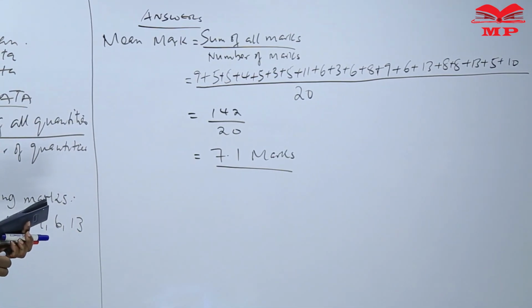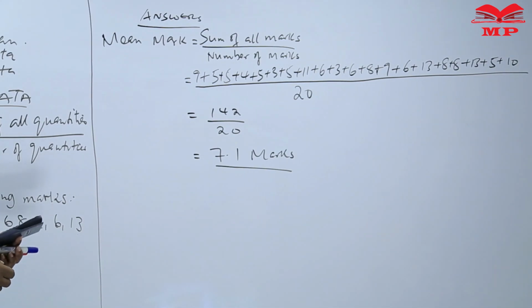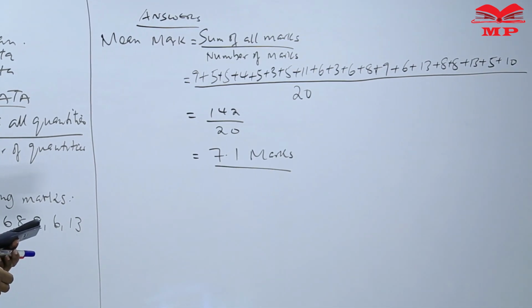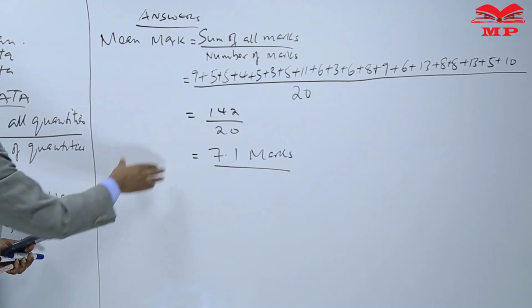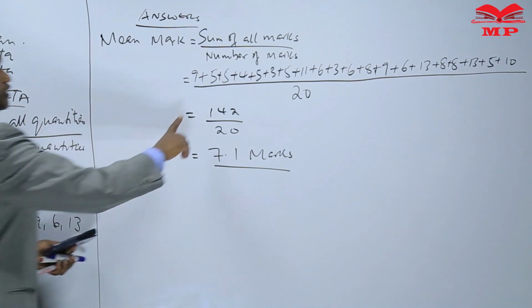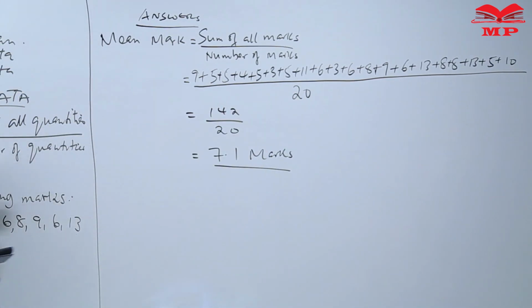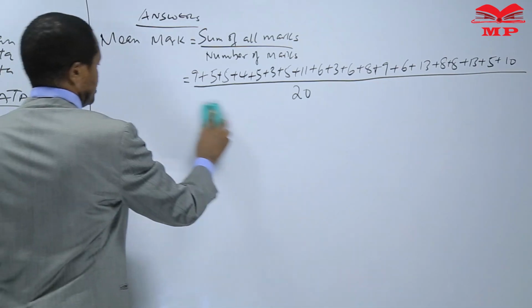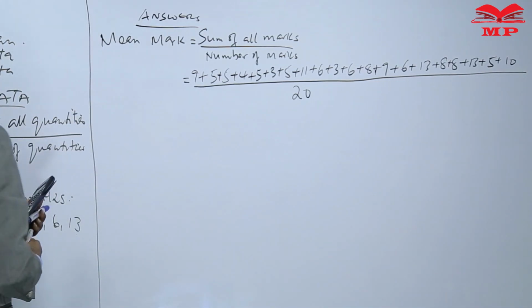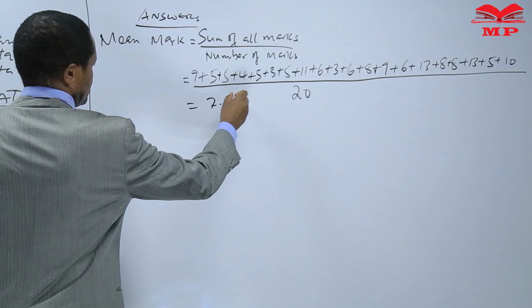Now alternatively, learners, we can calculate the mean by using a frequency table. Instead of having it this way, you can still calculate the mean, but we use a frequency table. We found out that this is equal to 7.1.